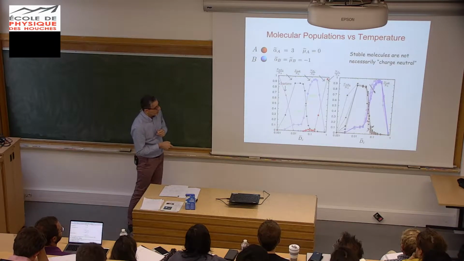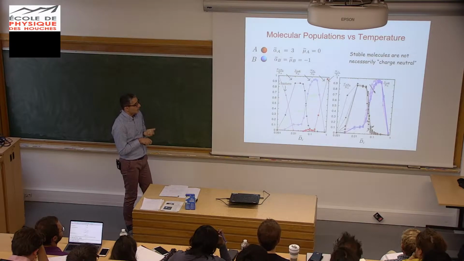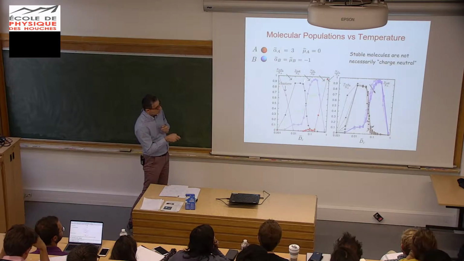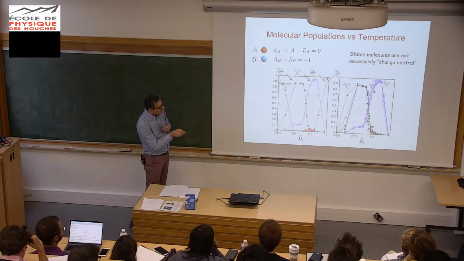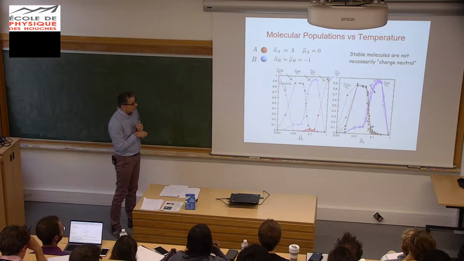At relatively higher activity or diffusion or temperature, we tend to have smaller clusters in this region of the parameter space. And the peak of the population essentially changes. So here you have, let's say, AB2 molecules as the predominant form of the molecules. Here you have AB molecules, and then up here you only have monomers left.